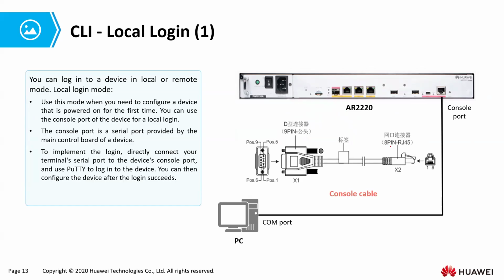A console cable has one end with an RJ45 connection, and another end with an RS232 port. The RJ45 end goes into the console port, the other end into your desktop computer. For my laptops, this end is USB, or you could have an adapter to change this RS232 port to USB. Simple concept. To access this device via this cable, you just connect it, then you connect your computer.